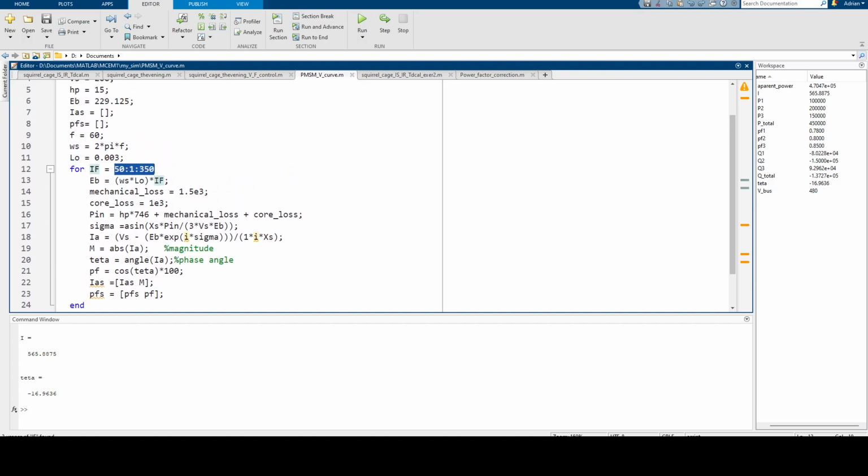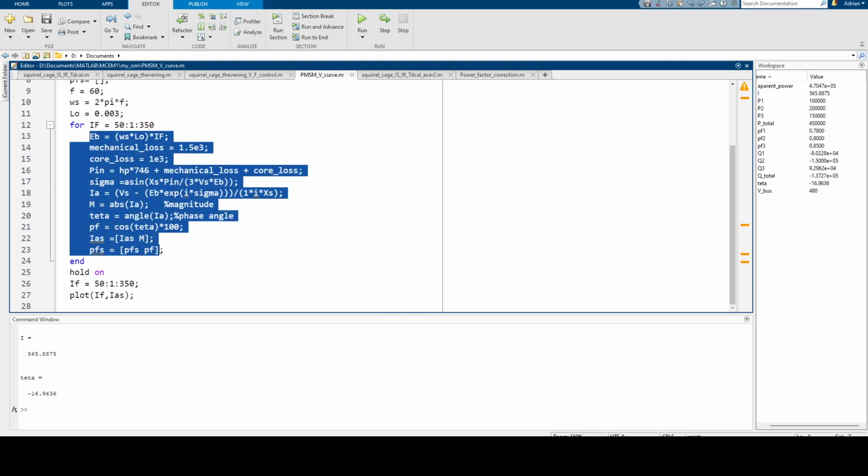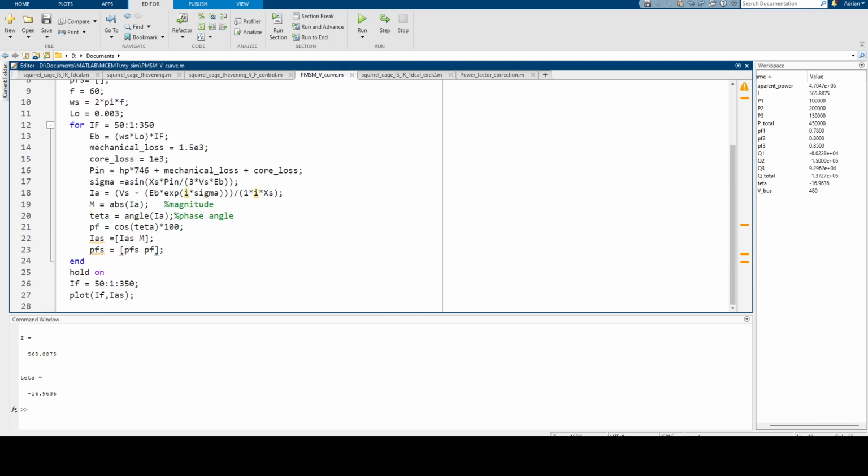And here I'm changing IF from 50 to 350 and doing it with 60 hertz. And here we just have the calculations that we just did to get our IS, and I'm saving our IS into a vector so we can plot it.